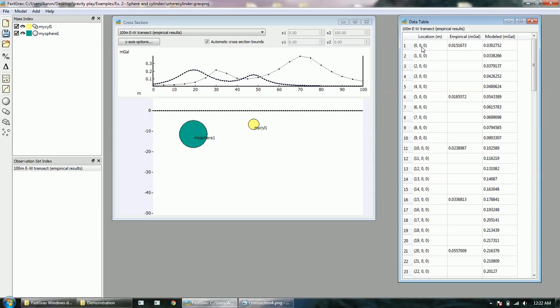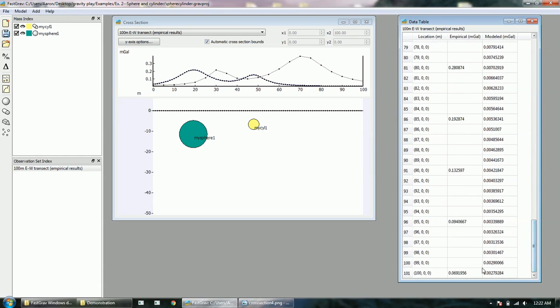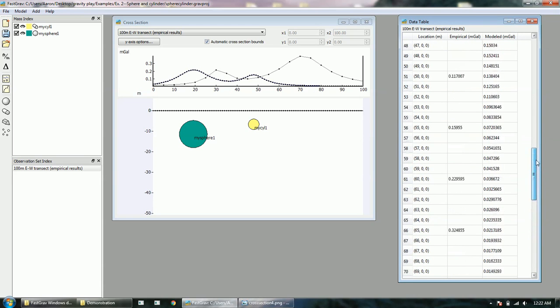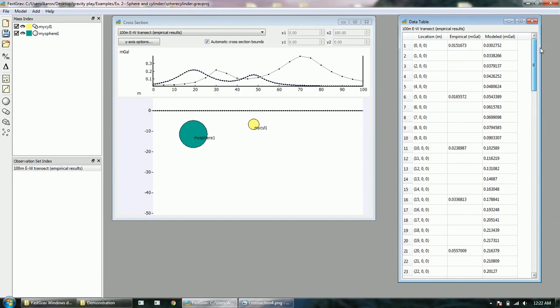So you can see that we're starting at 0, 0, 0, that's x equals 0, y equals 0, z equals 0. And we're going from x equals 1 to x equals 2 to x equals 3, all the way up to x equals 100. And every single one of these observation points has 0 for the y and z coordinate.